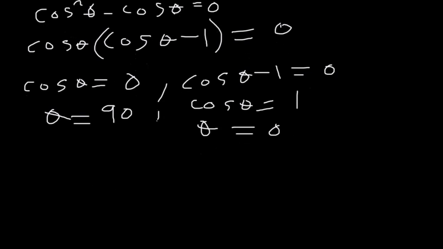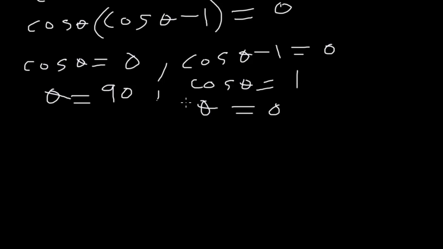And then now here it's just a matter of finding the quadrants. So in the first quadrant cos is positive, and in the fourth quadrant cos is positive. So we have our thetas to be 90 in the first quadrant, so it's just pi over 2, and then 90 in the fourth quadrant, you are going to have 270, which is equal to 3 over 2 pi.